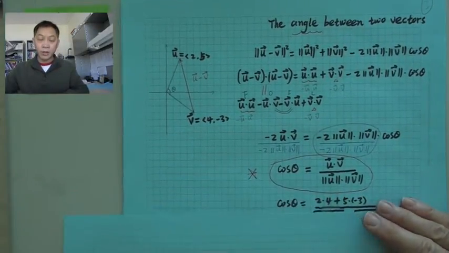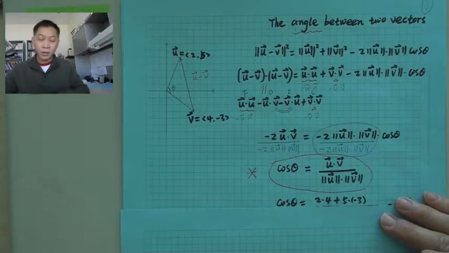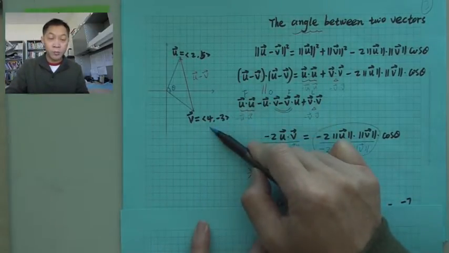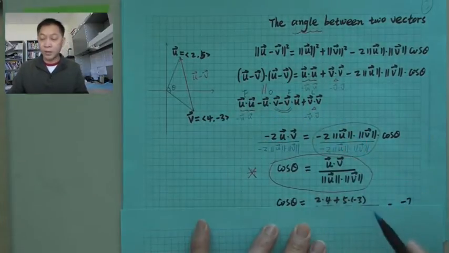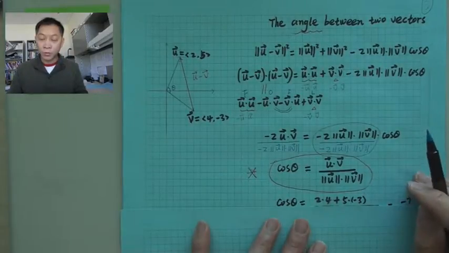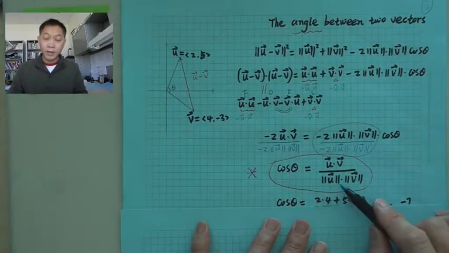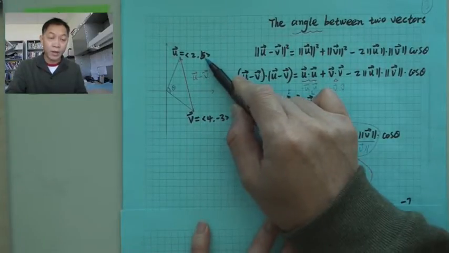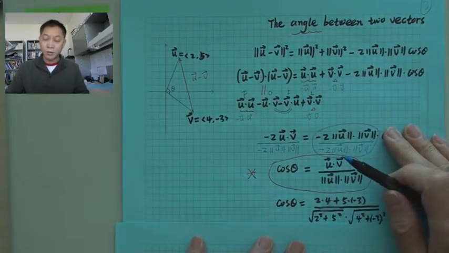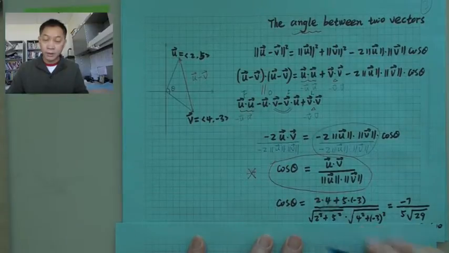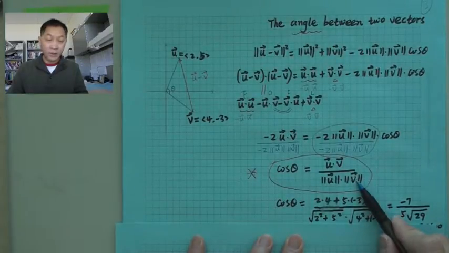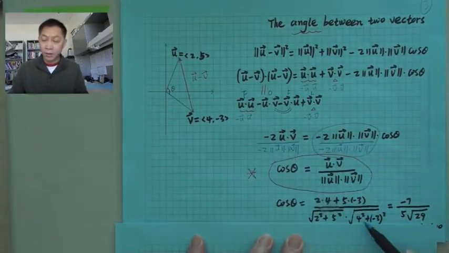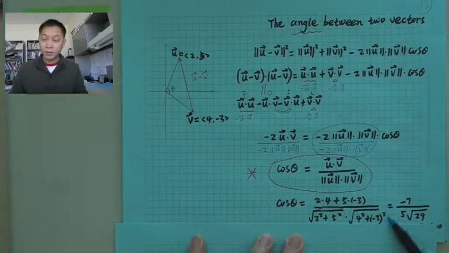Okay, so in this case, that's 2 times 4 plus 5 times -3. That's the numerator. The denominator is the length. That's 2 squared plus 5 squared, take the square root. Okay, and then for V, the length of V is 4 squared plus 3 squared, take the square root.